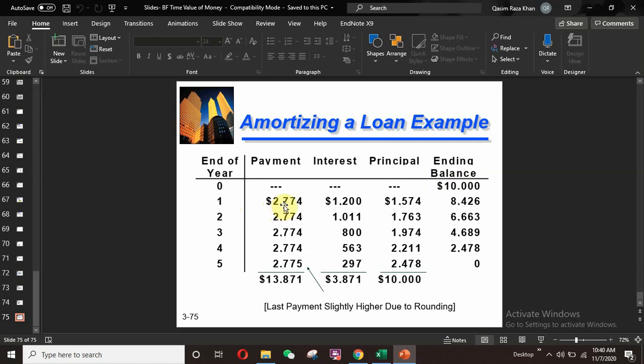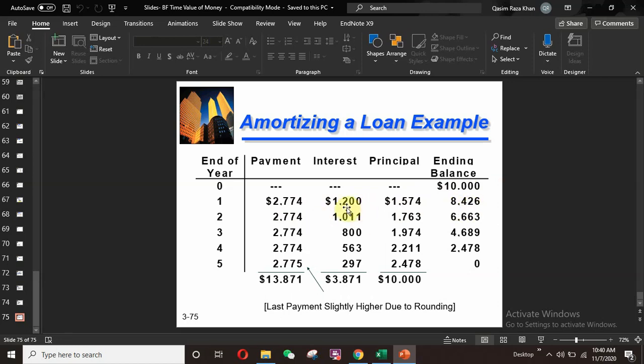On the 10,000, the interest is 1,200. We simply multiply 10,000 by 0.12, so we get 1,200. If we deduct 1,200 from 2,774, the remaining amount is 1,574. If we deduct 1,574 from 10,000, the remaining amount will be 8,426.